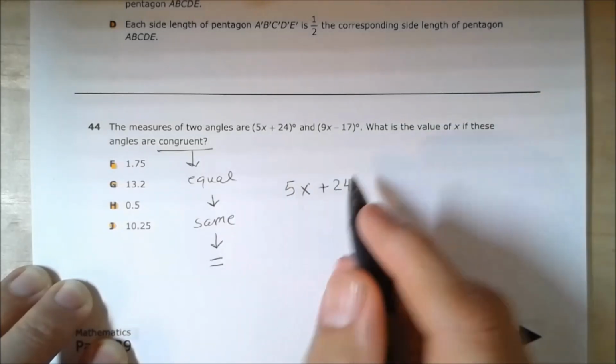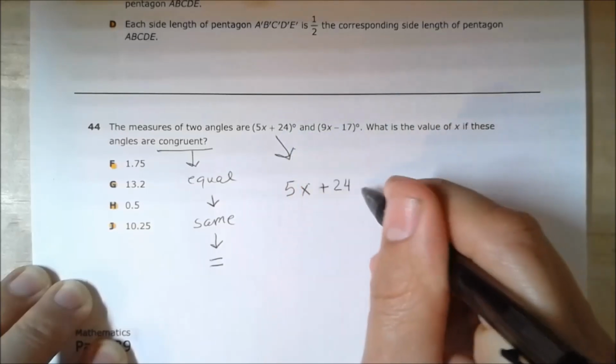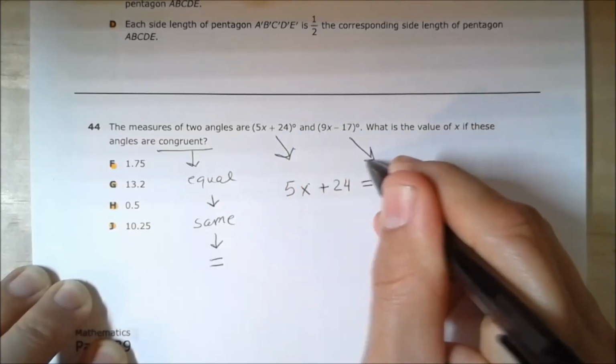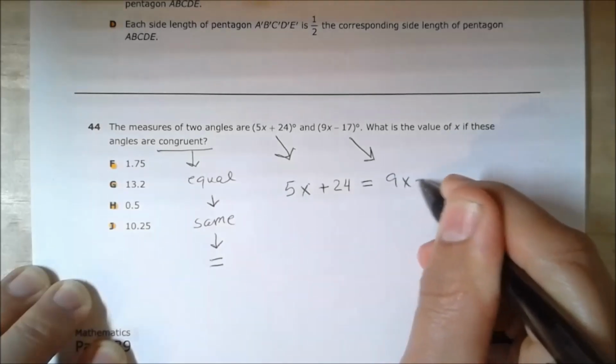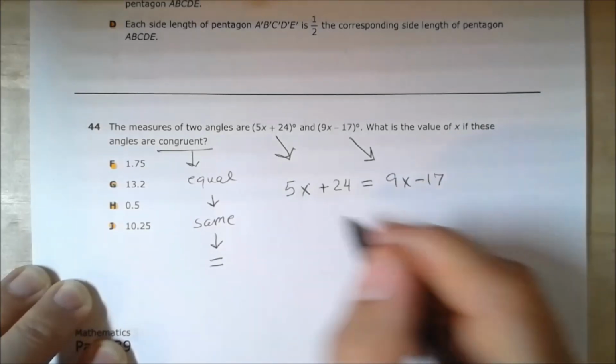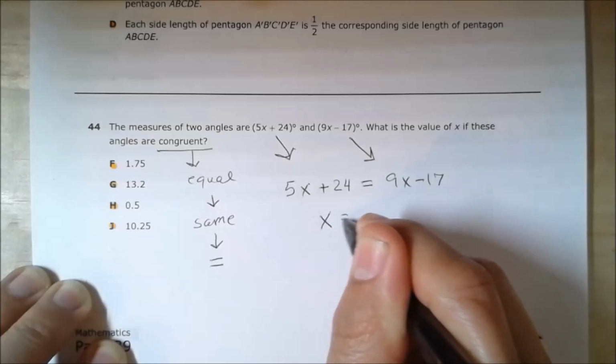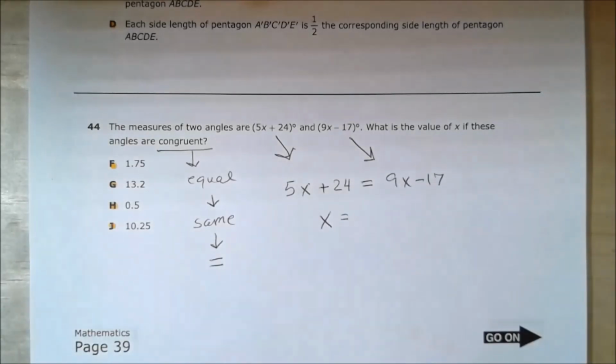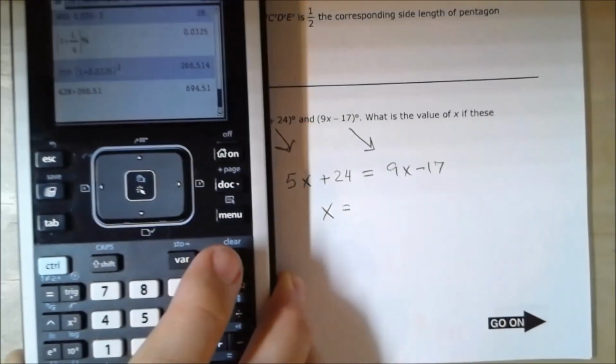So we have 5x plus 24, that's that one, is equal to this one, 9x minus 17. Now that we have that, we just need to put that in numerical solve and solve for x, and we'll have our answer. So let's go ahead and do that.